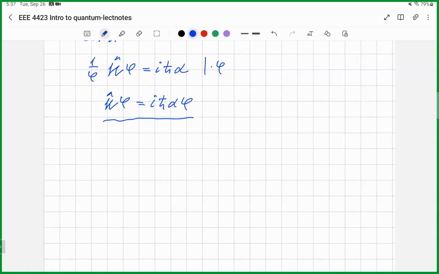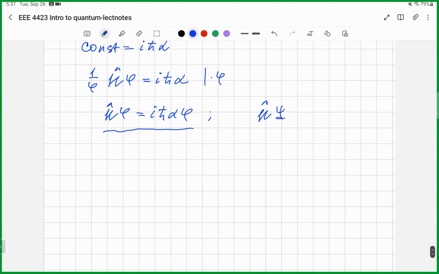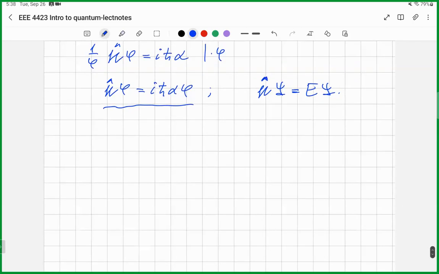So if I write this in a general form, it would be something like Hamiltonian times psi equal to energy times psi, because the Hamiltonian is the operator of energy, so the eigenvalues are energy values. So I compare the two and notice that the energy, the eigenvalue in this case for our equation, is i h bar alpha.